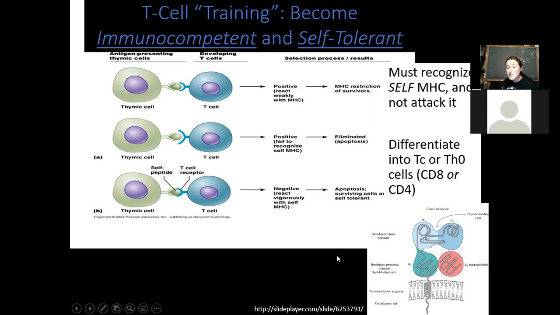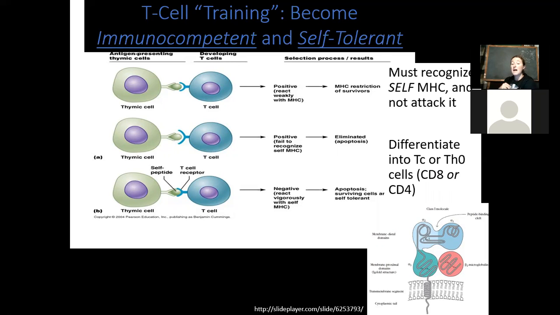Okay. Also, during this time, the T cells further differentiate. That is, they are going to grow up here to become a cytotoxic T cell, right? So T sub C, or a T helper 0 cell, right? And so as we're going to see, there are a couple different types of T helper cells. At this point, the T helper cells haven't yet determined which of the two T helper cells they're going to be, but they are indeed T helper cells.